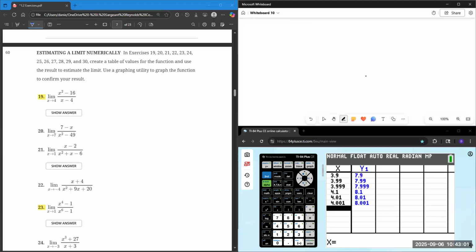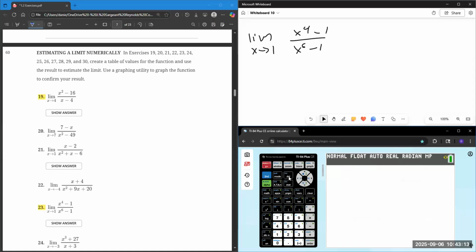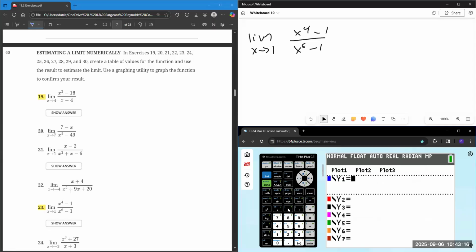All right, same thing with the limit as x approaches 1 of (x to the 4th minus 1) over (x to the 6th minus 1). Let's come into our y equals x to the 4th minus 1 divided by parentheses x to the 6th minus 1.